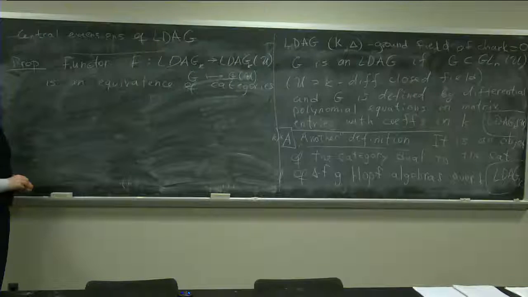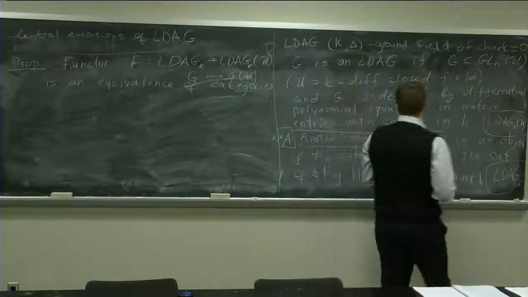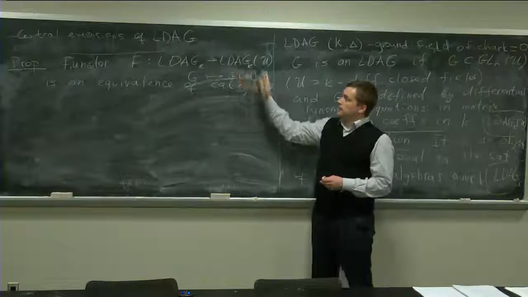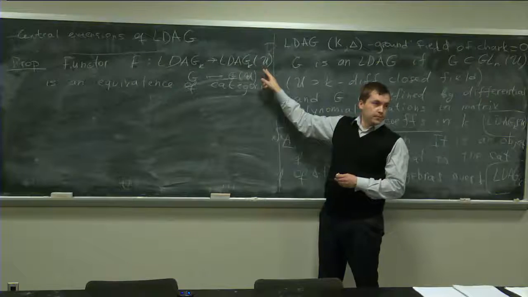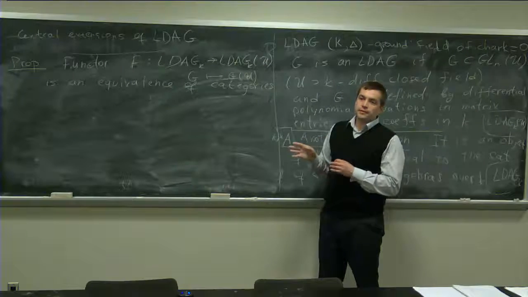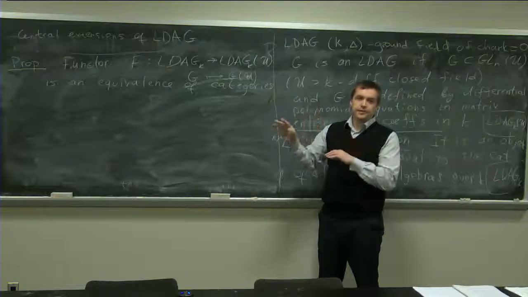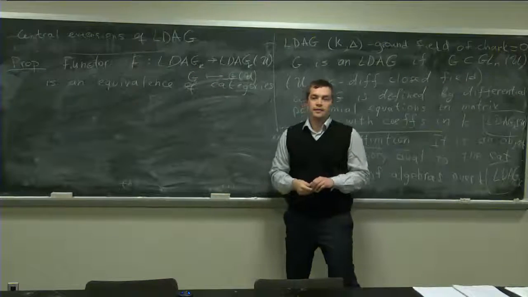Here we use the theorem of Kolchin to show that. In particular, we need to show that it is surjective on morphisms. If we have morphisms here, they are rational and differential. If they are groups, it's necessarily polynomial, so it gives us a morphism of Hopf algebras.